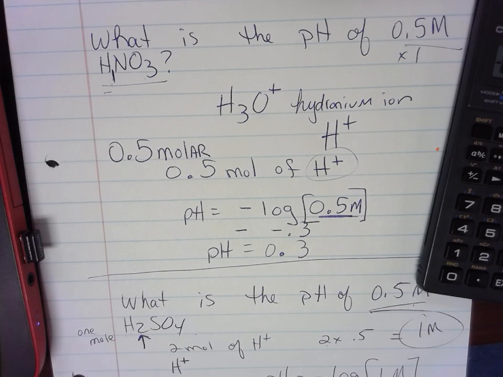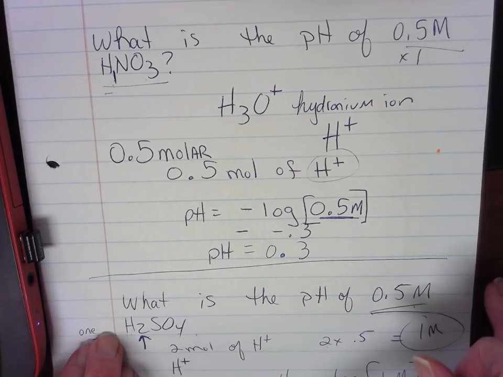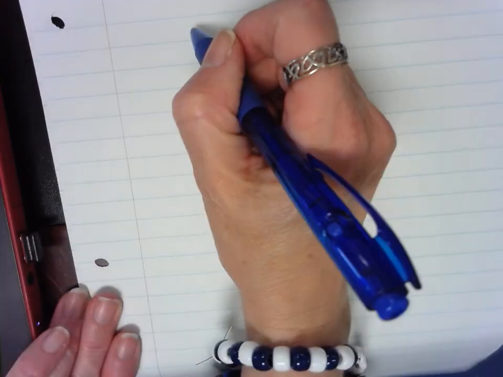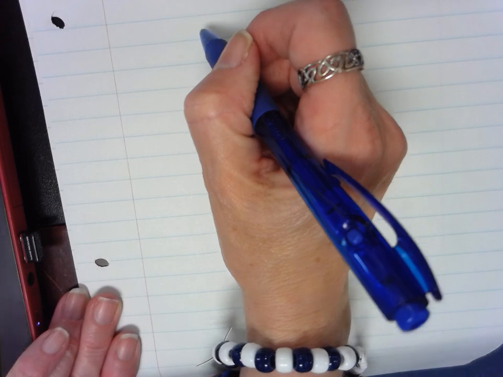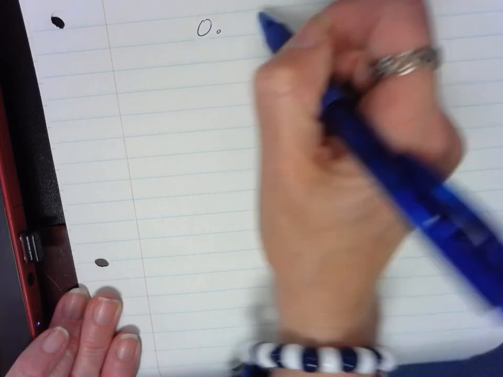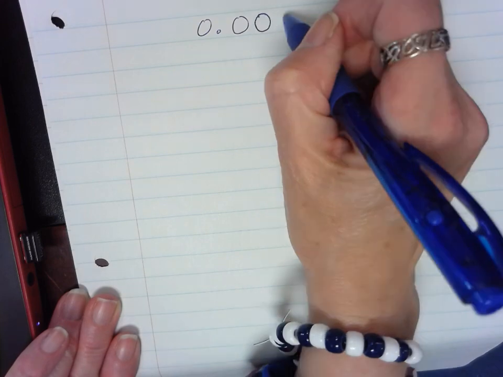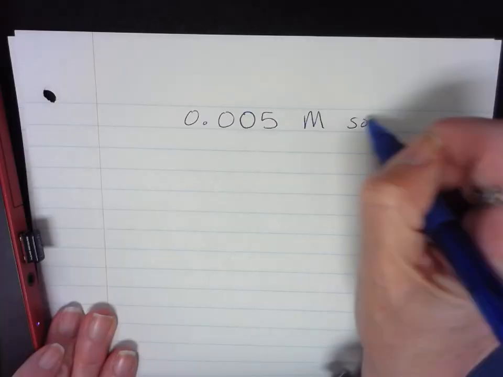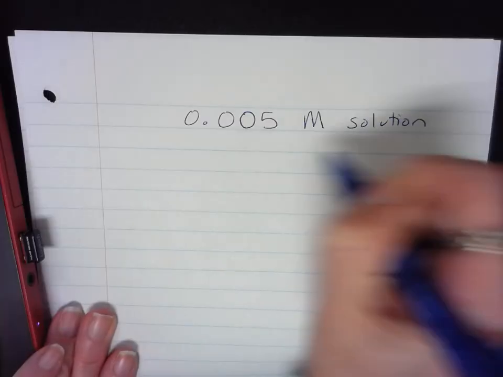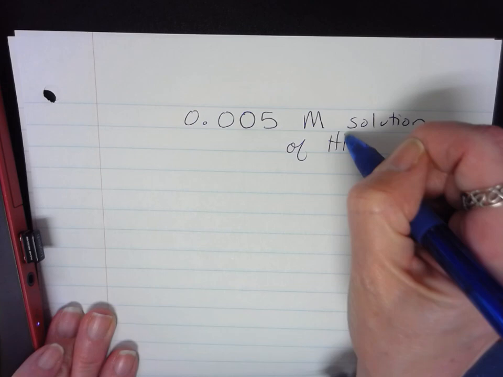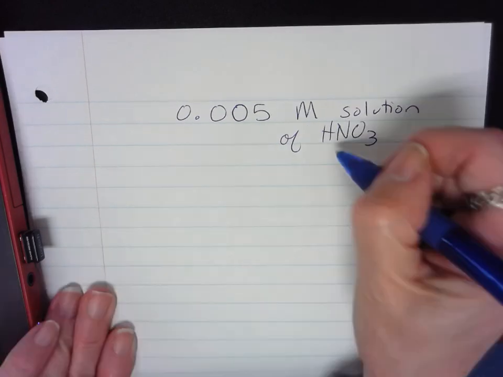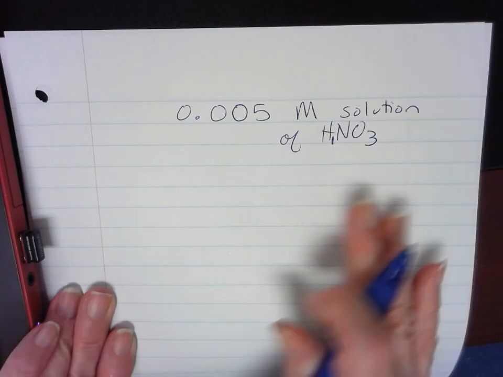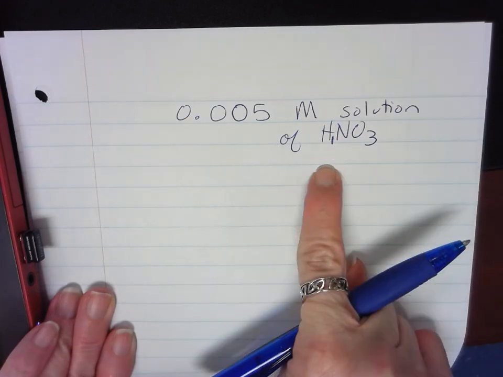Let's do one more example. Let's say you've got something like 0.005 molar solution of nitric acid. Again, for every mole of nitric acid, you've got one of these hydrogens floating around. So we'd say 1 times that 0.005.